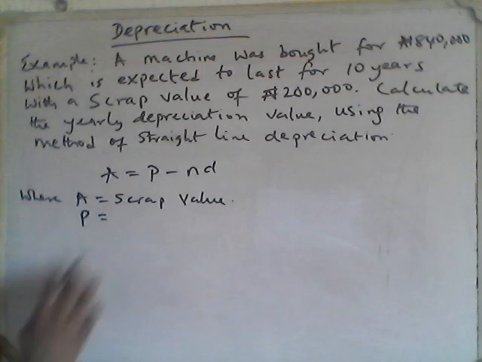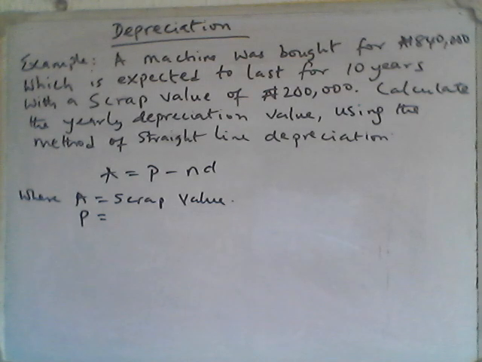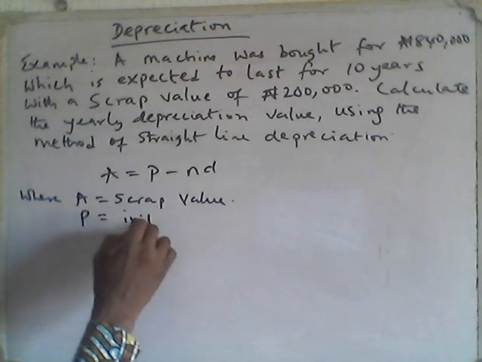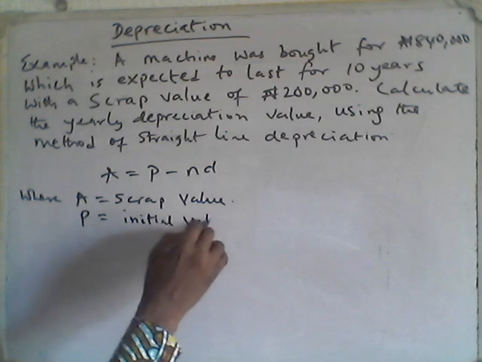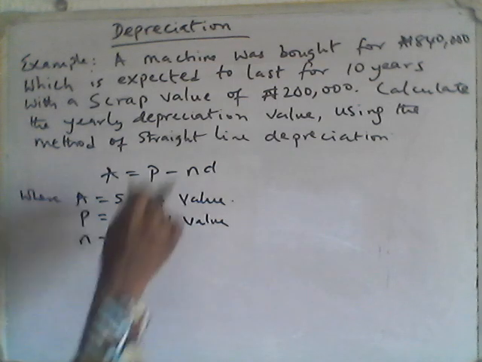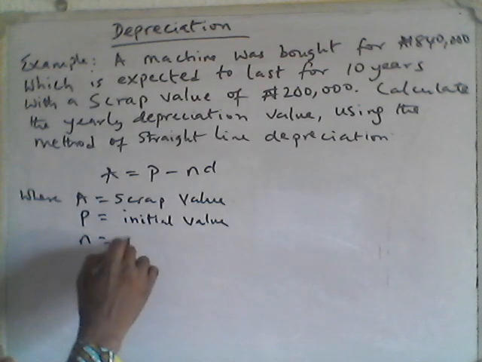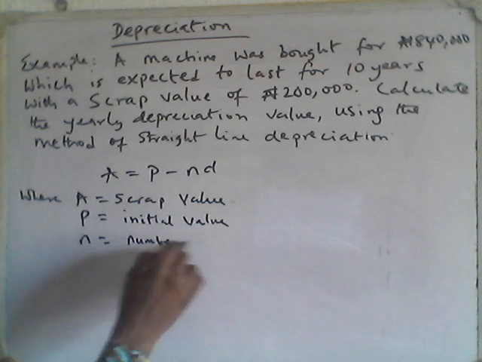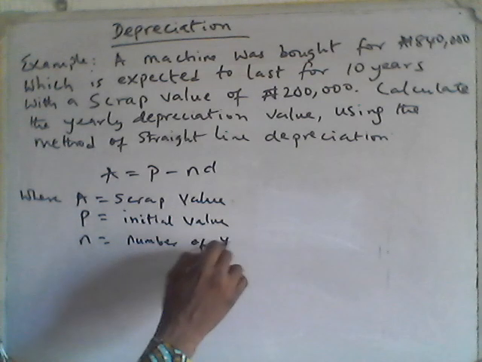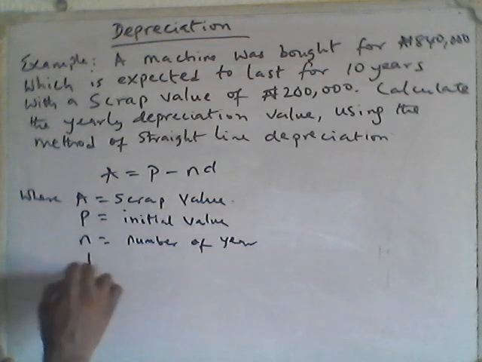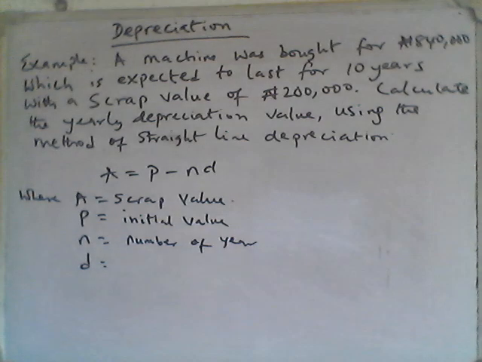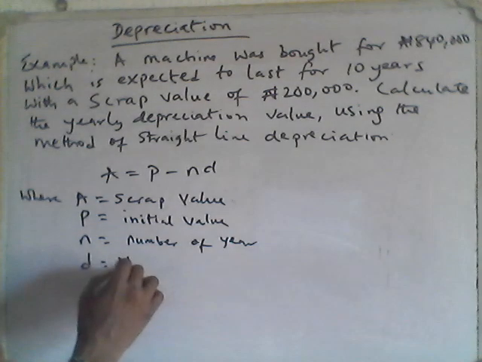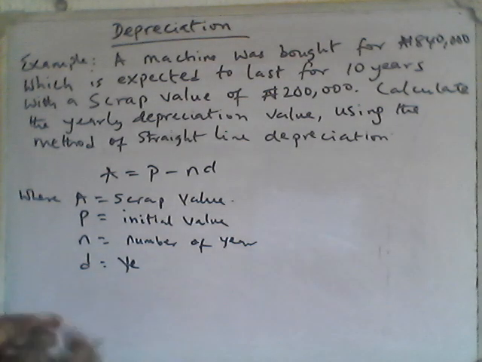P is the initial value of this machine, and N is the number of years, in consideration we have 10 years. D, what we're looking for, is the yearly depreciation value. It's a constant value every year that will be removed.